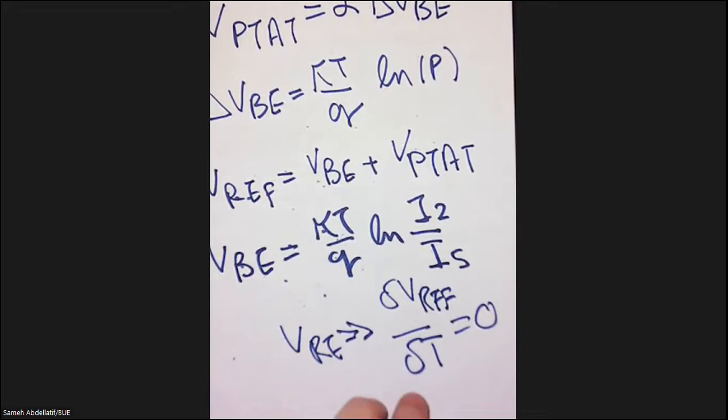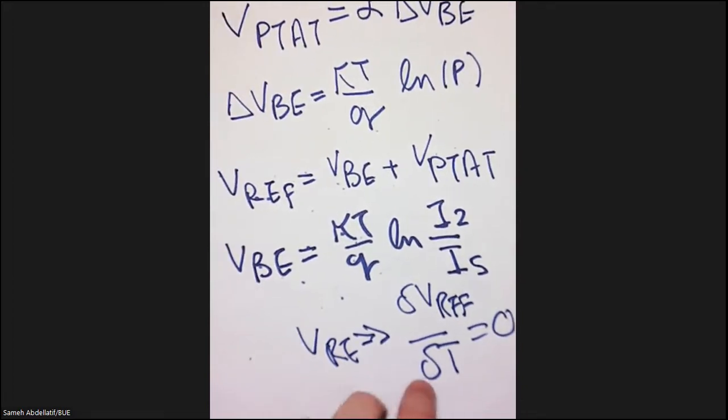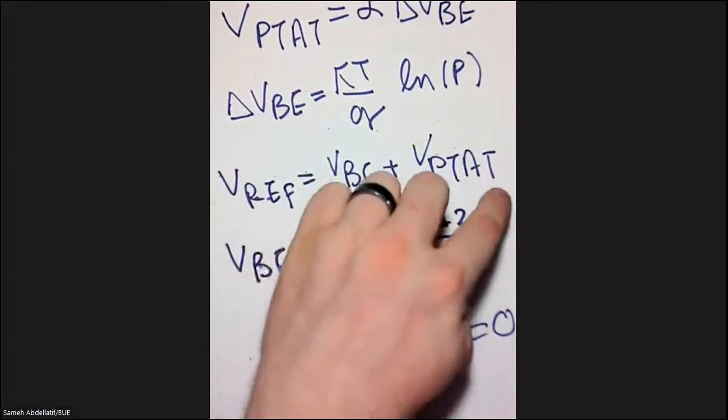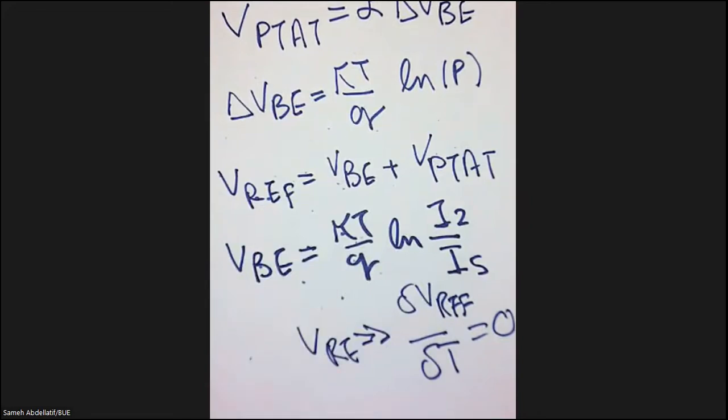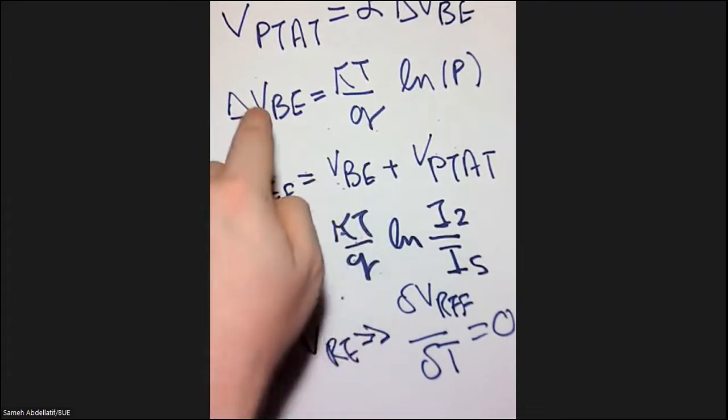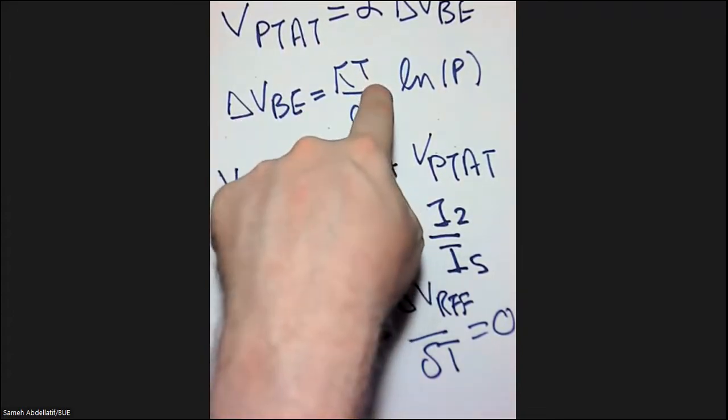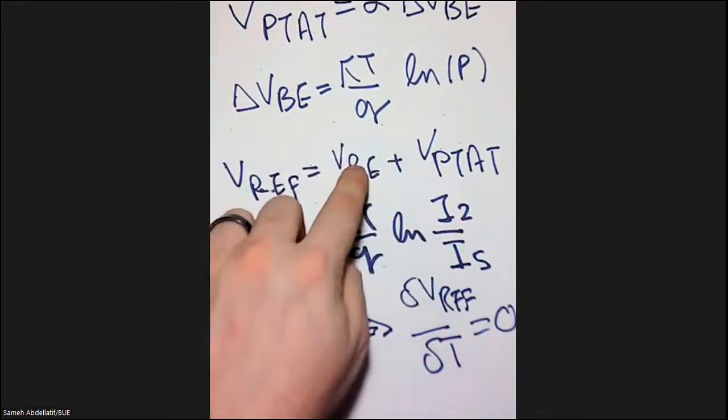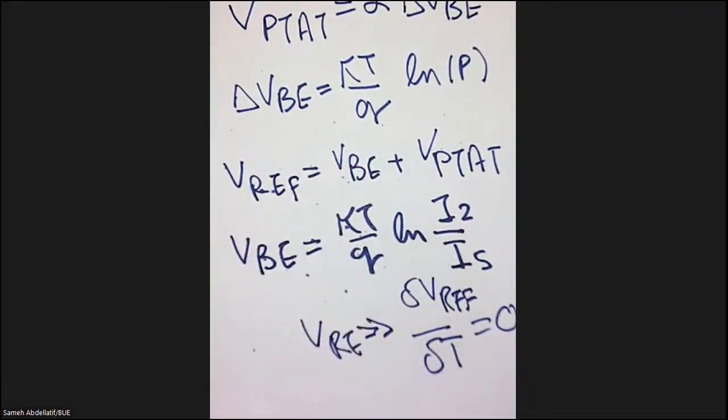So based on this, the target is to make this equation independent of temperature. Basically, this is very challenging because delta VPE depends on temperature, and VPE also depends on temperature. So we have to make a contrast dependence so that the equivalent dependence is equal to 0.